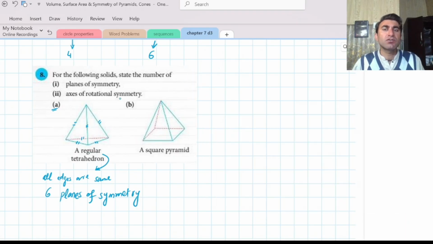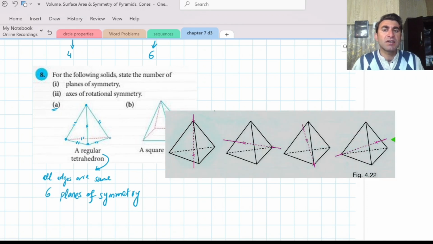Then axes of rotational symmetry: as it is a tetrahedron with all sides equal and there are 4 vertices, definitely there are 4 axes of rotational symmetry.